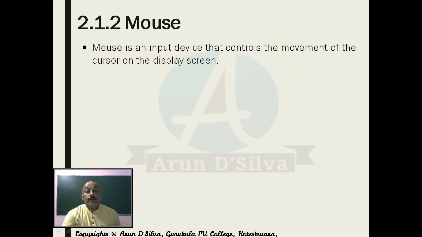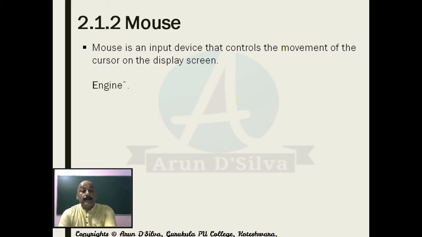Here you can see the yellow blinking. As I move this device here and there, the cursor movement will be there. That's why a mouse is used, to control the movement of this.